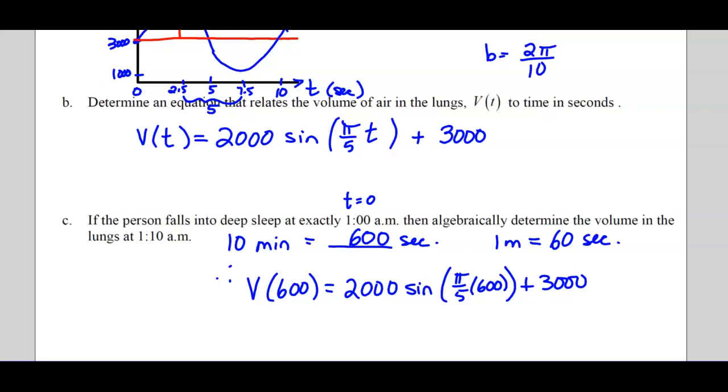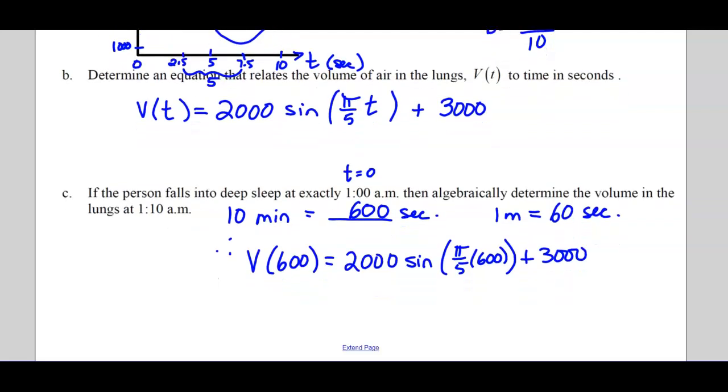Try it without a calculator. Okay, so if this is the graph, is it just sine of 125? What do you think?